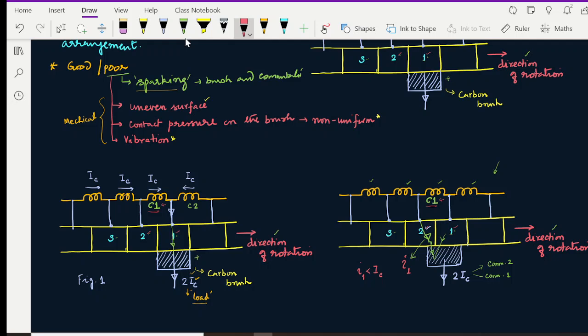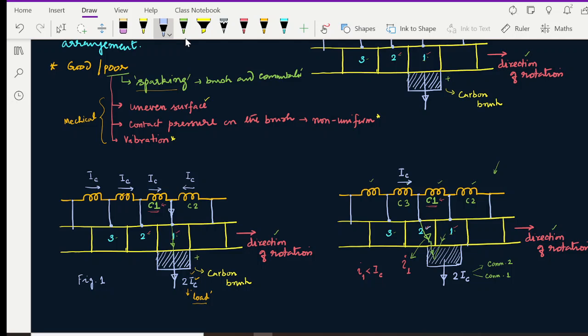So naturally, if this is going to be I1, then let us call the current in this coil still IC. Let me say this is C3 and this is C2.